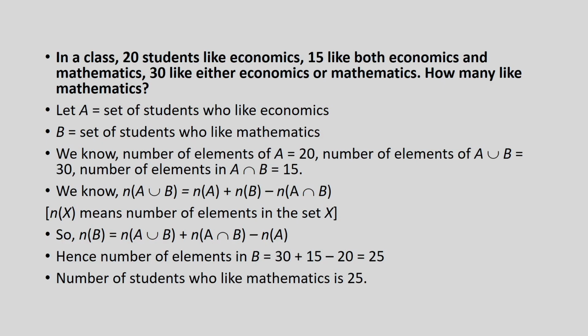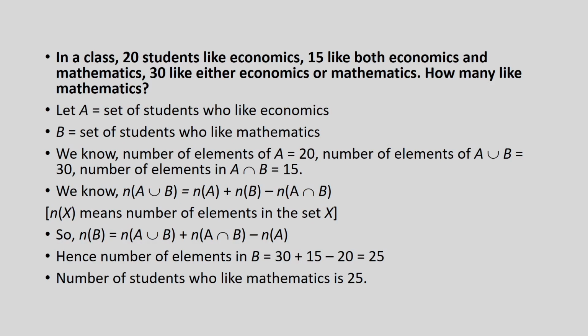Okay, here is another problem from set theory. In a class, 20 students like economics, 15 like both economics and mathematics, 30 like either economics or mathematics. How many like mathematics? Okay, so, that is the question.